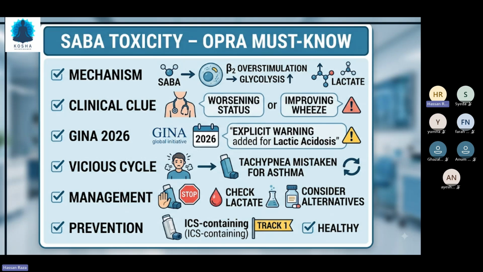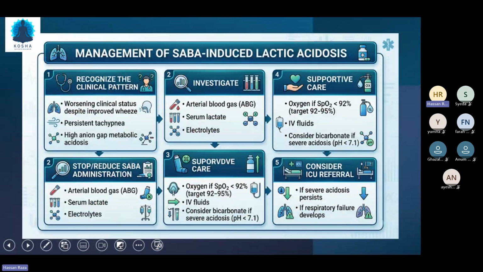If they see that the pH of the blood has fallen and the saturation is less than 92%, they put a pulse oximeter on the finger and check the oxygen saturation, and they have the ABG results as well. If the patient has metabolic acidosis, they ask for ICU referral and then administer bicarbonate.